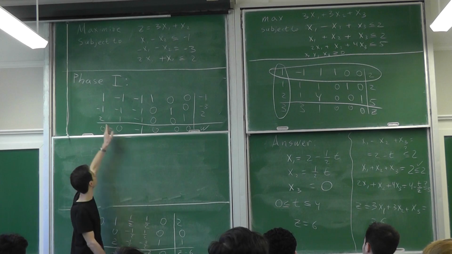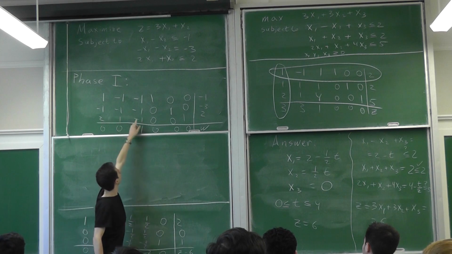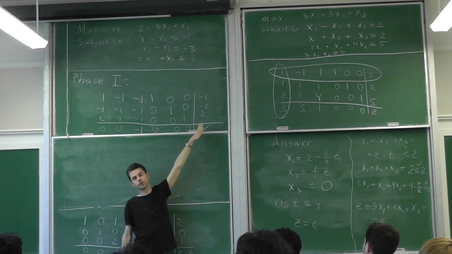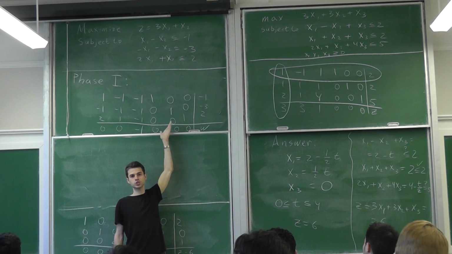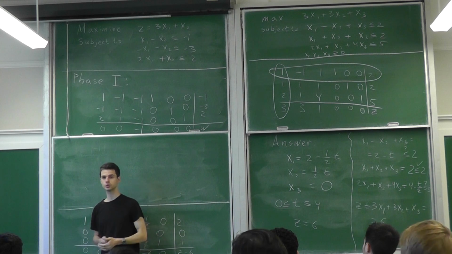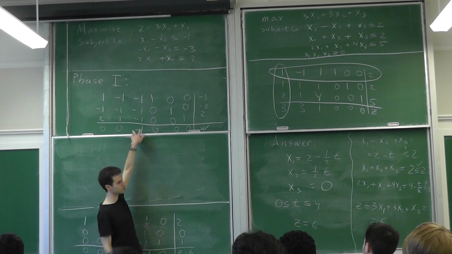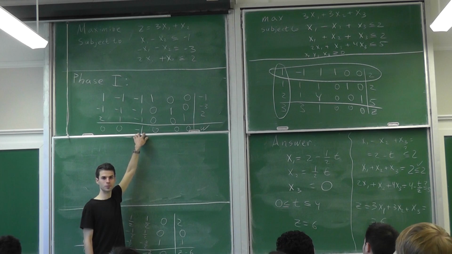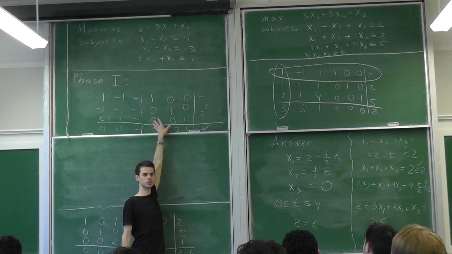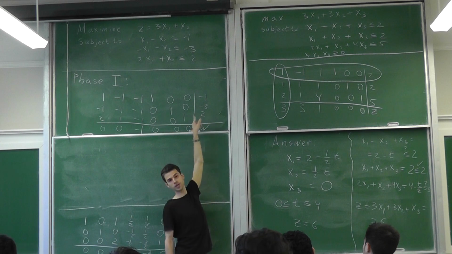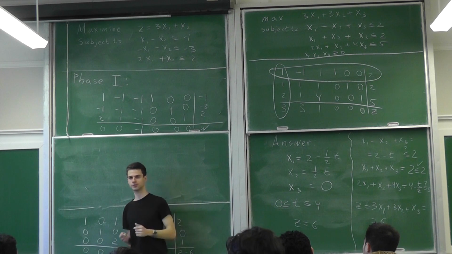Unfortunately, it's not true. If I set all these non-basic variables to 0, my constraints are not satisfied. My first attempt of 0, 0, 0 is infeasible. So yes, this coefficient is negative, but unfortunately, this whole dictionary, this whole Tableau is not feasible. These numbers on the right are not positive.